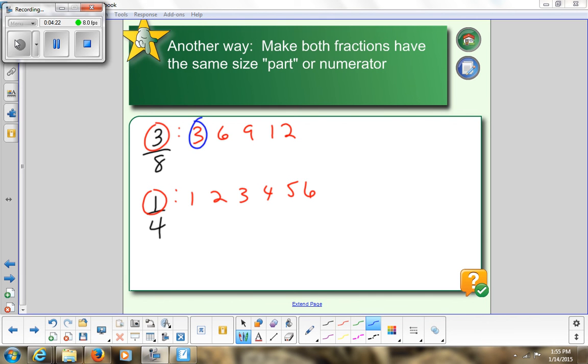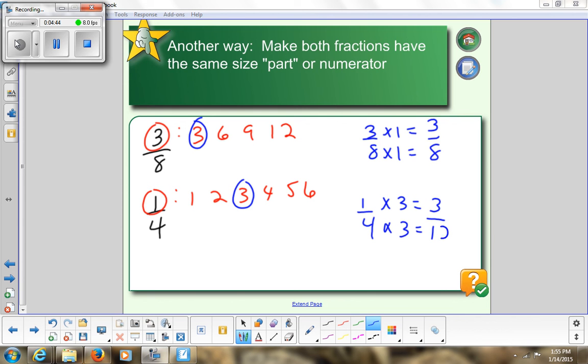Common multiple is 3. So we would do the same thing. We have 3/8 and we have 1/4, and we need to get it to 3. So 3 times 1 is 3, 8 times 1 is 8. 1 times 3 is 3, 4 times 3 is 12.